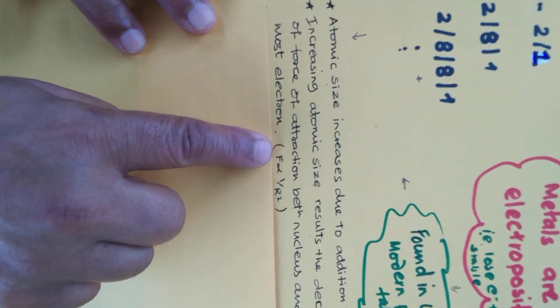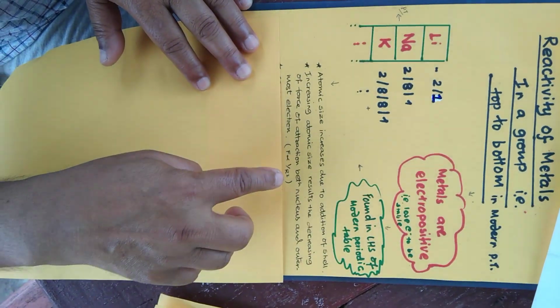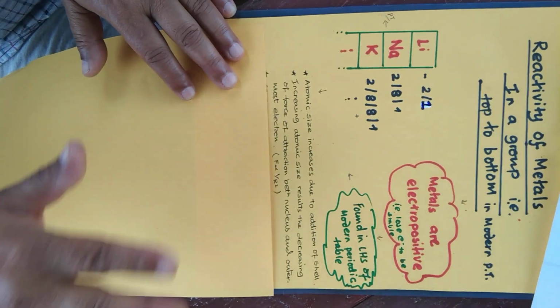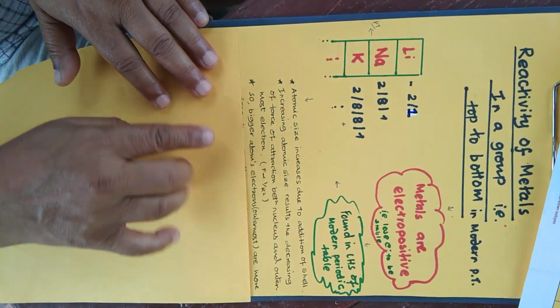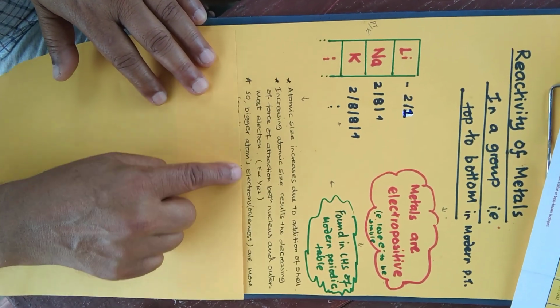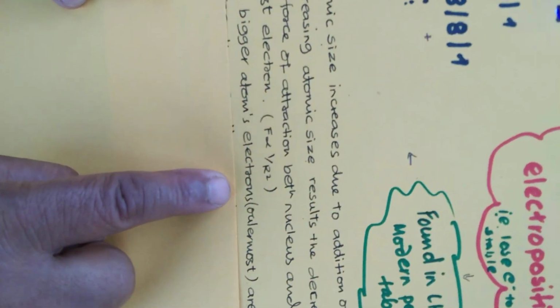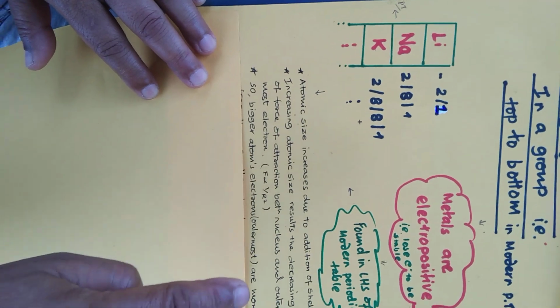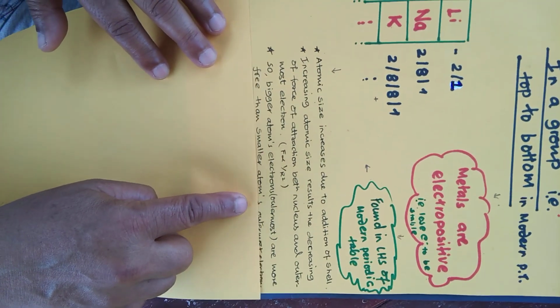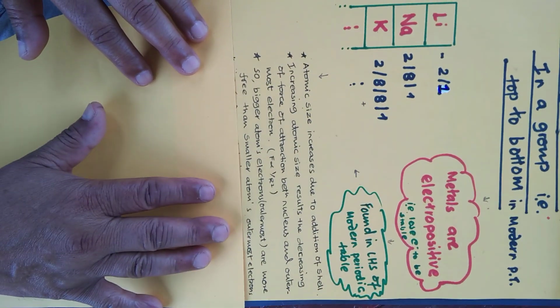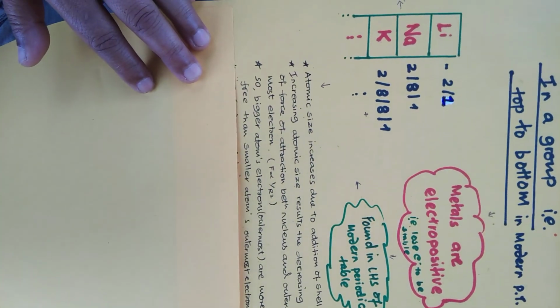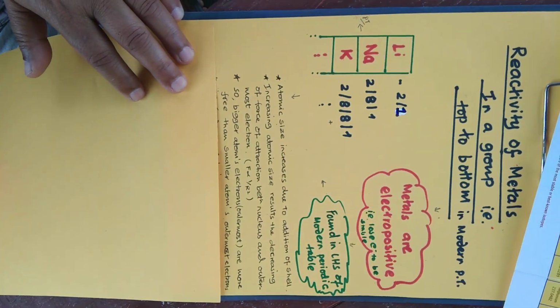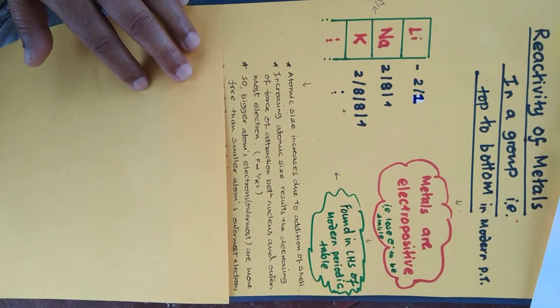You know that the force of attraction is inversely proportional to the square of the radius, that is, the square of that distance. So the bigger the atom, the more free the outermost electrons are, because there is more distance.